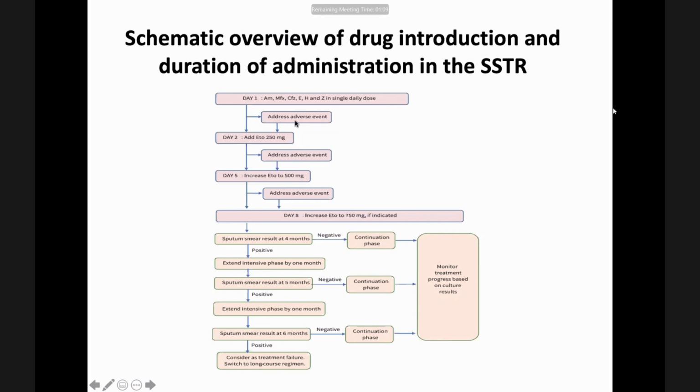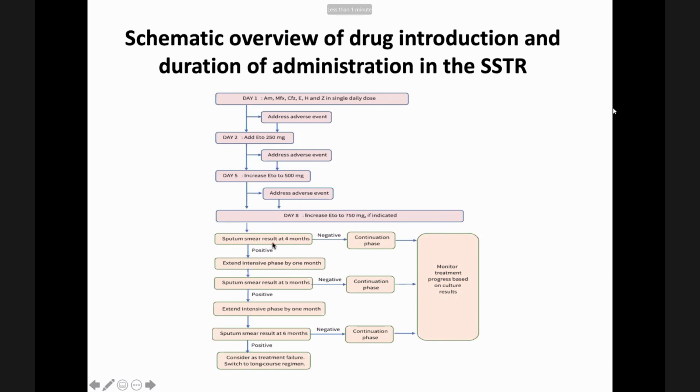Then you address adverse events. If there is no adverse event, then add ethionamide 250. On day 5, increase the ethionamide dose, and then on day 8, increase the ethionamide dose to 750 if indicated.